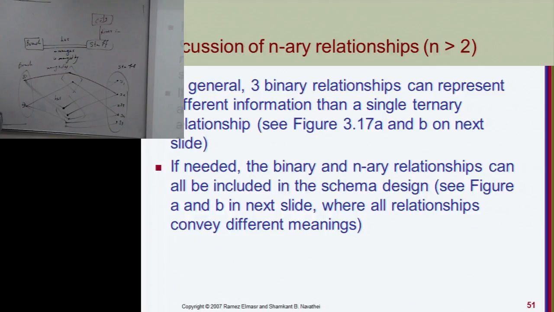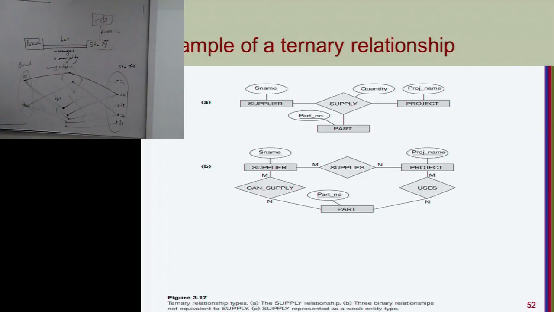So we talked about relationship types, one to one, one to many, many to many. We talked about relationship degrees, right? Degrees, binary or higher degree relationships. In order to understand this, let us have two examples. This is the example supply that I just described.